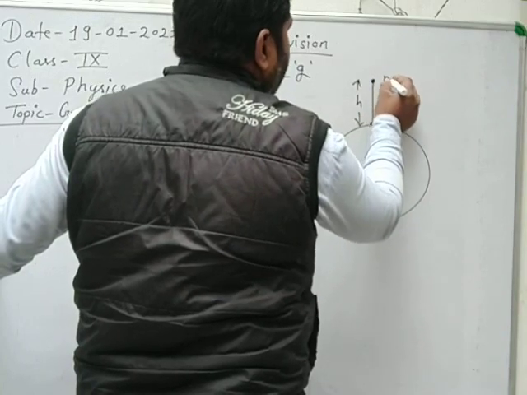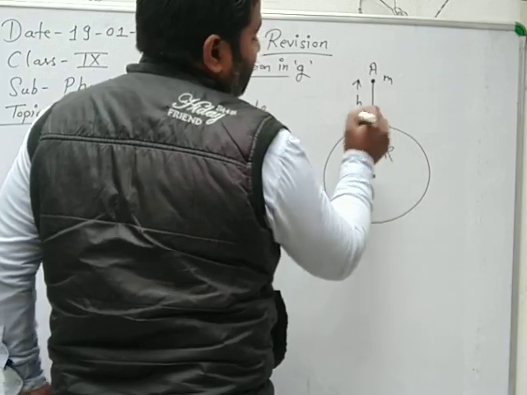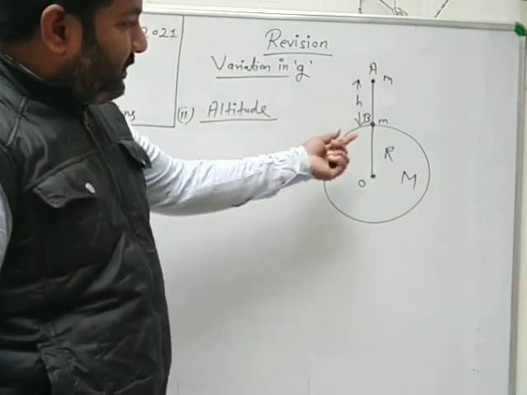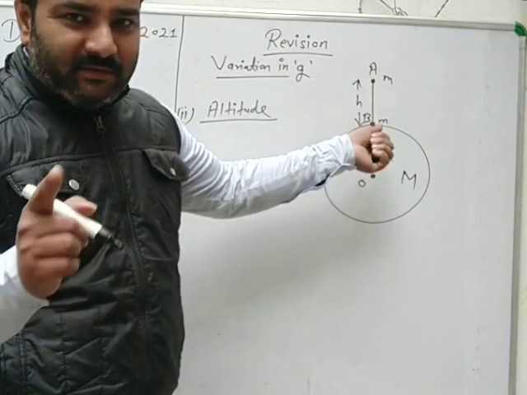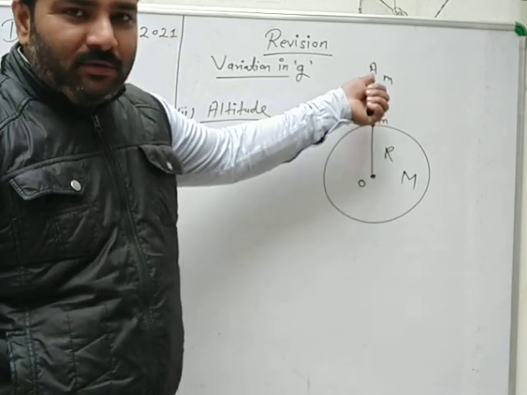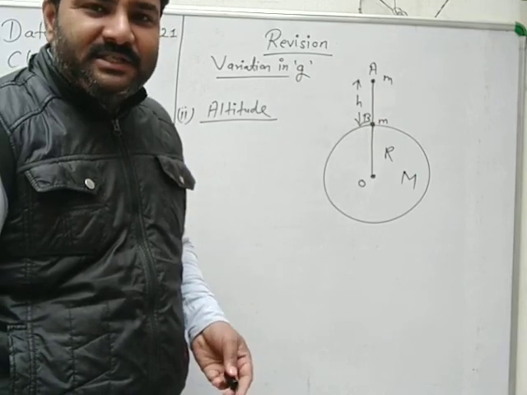Here the mass of the object is m and the mass of earth is capital M. When the body lies at B, gravity will be represented by small g, and when the body is raised up to height h at point A, gravity will be represented by g dash.